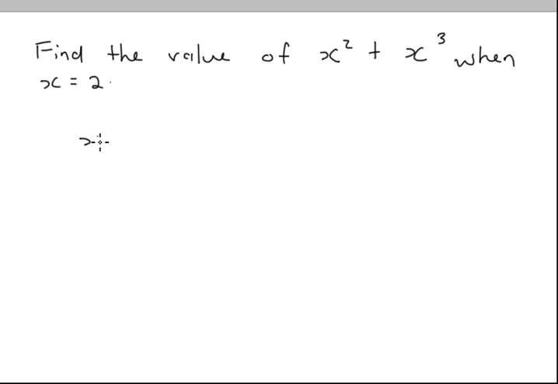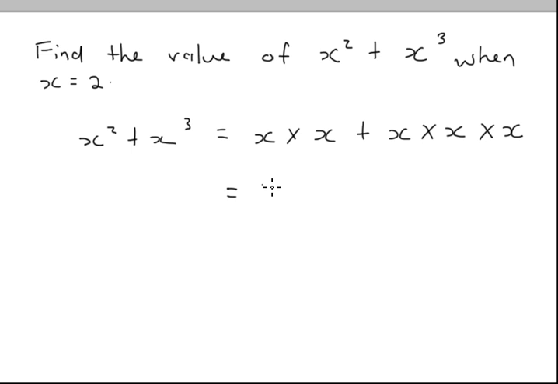I'm going to write x squared plus x cubed as x times x plus x times x times x. If my x is equal to 2, I am going to substitute x with 2. Whenever I see x, x becomes 2. So my expression becomes 2 times 2, I copy back the plus, and then 2 times 2 times 2.